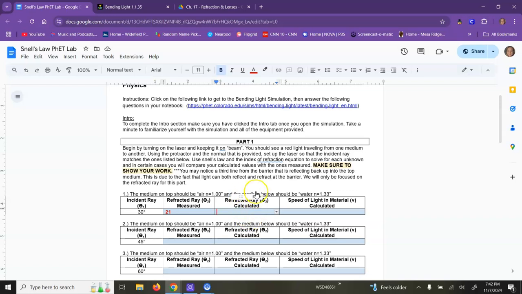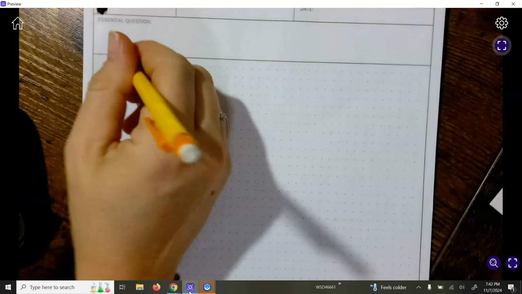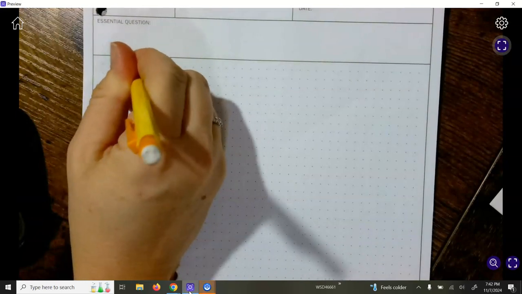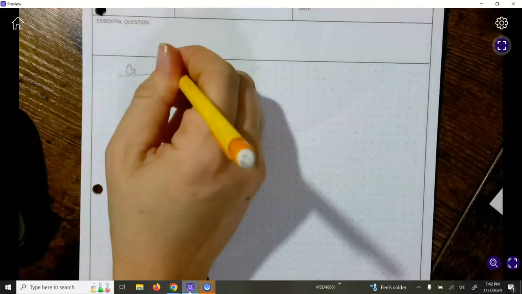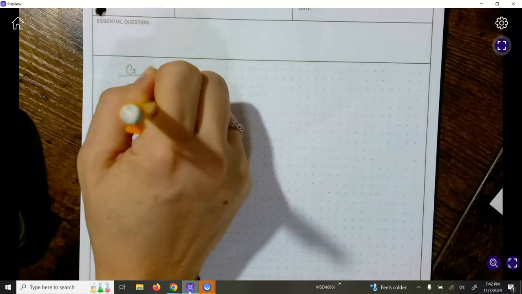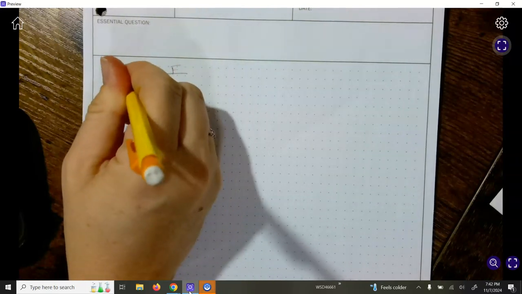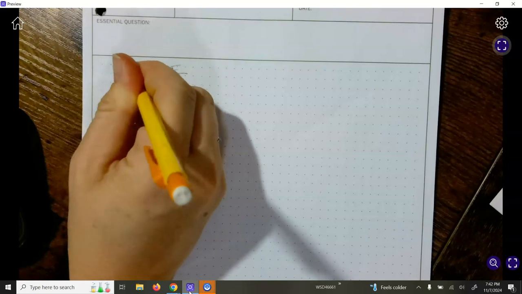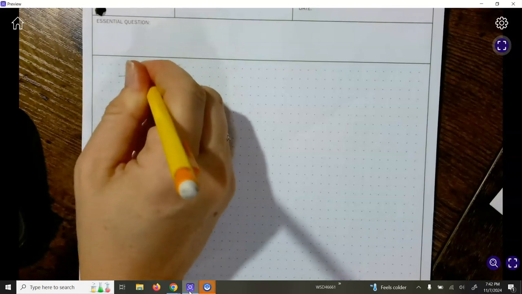But now we also need to calculate that. Now, in my other video for your packet, which you may or may not have already watched, you're going to be using Snell's law. So I'm going to jump over here to my piece of paper. In my given and find table, because I always want to make sure I'm pretty organized, my angle of incidence, theta 1, was 30.